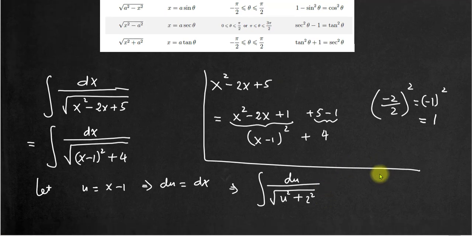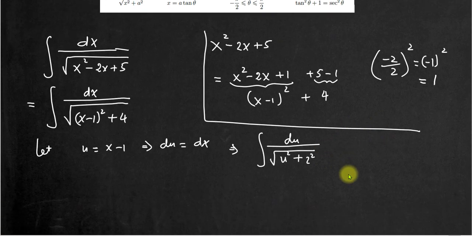And now we know that we can follow the formula here. In this case, u is in the place of x, and we let u equal a tangent theta, where a is the number before the square, which is 2.